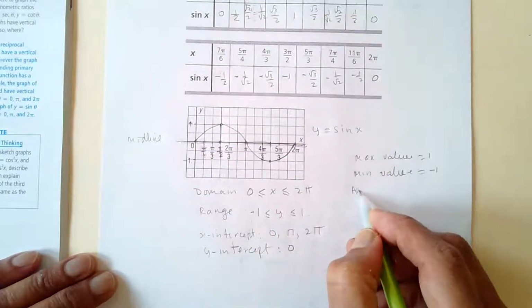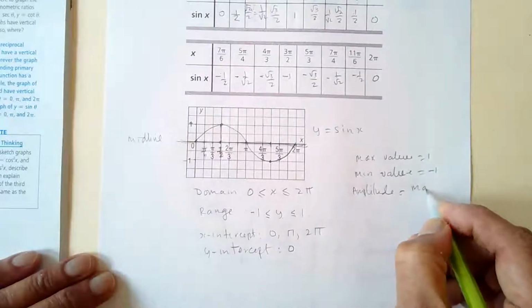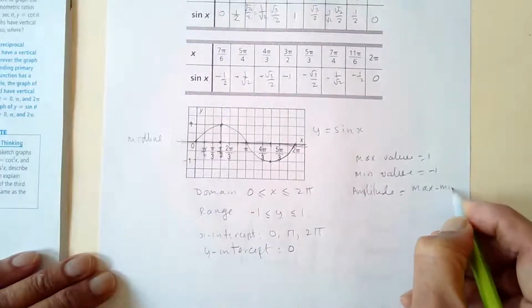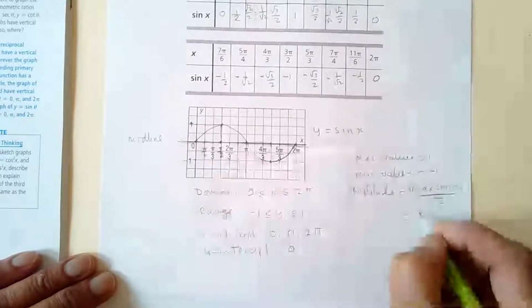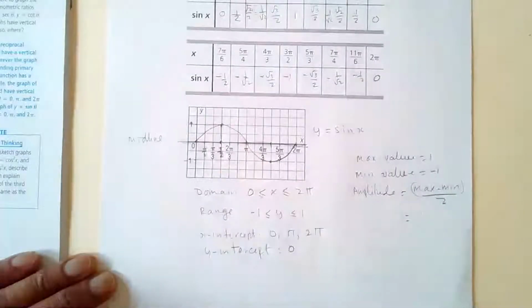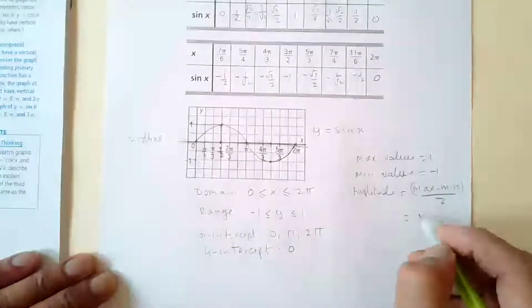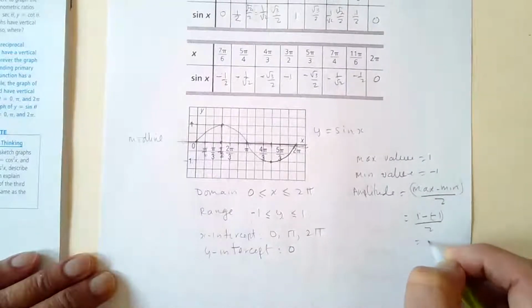So the amplitude is basically the maximum minus the minimum divided by 2. So we have the maximum is 1 minus -1, over 2, will give us 2 over 2.